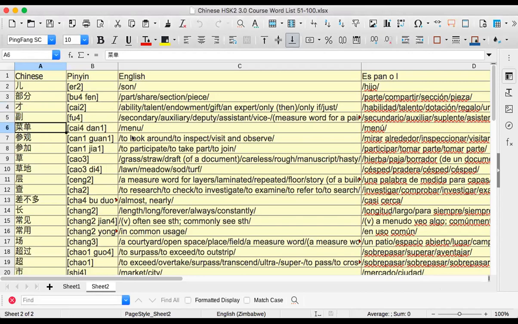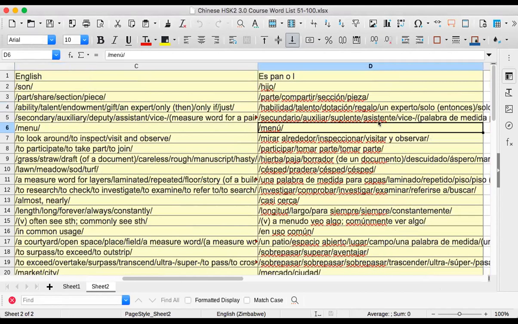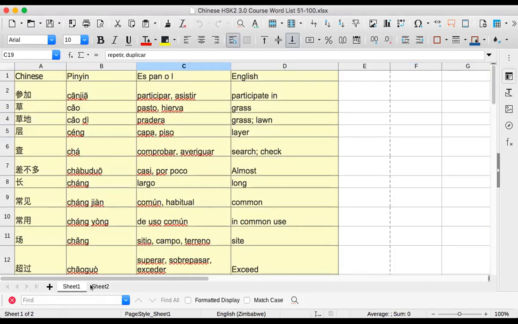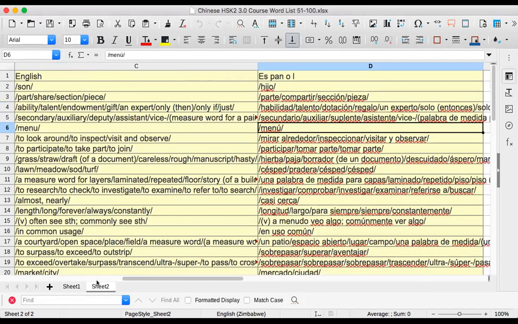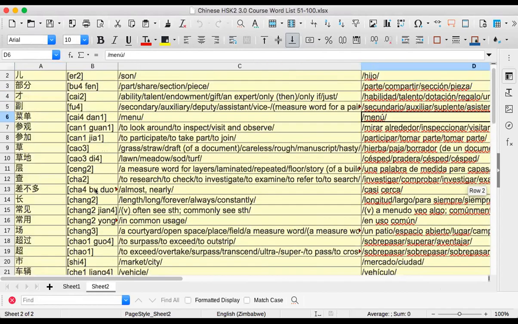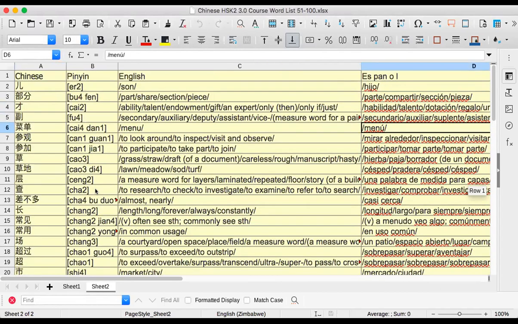Menu, and menu in Spanish. There's nothing much there. So let's see how we could use it in a sentence.